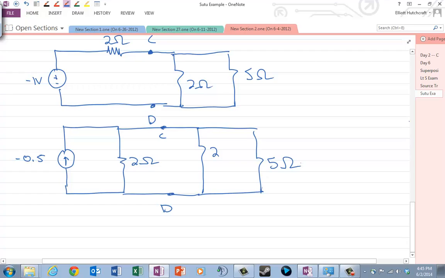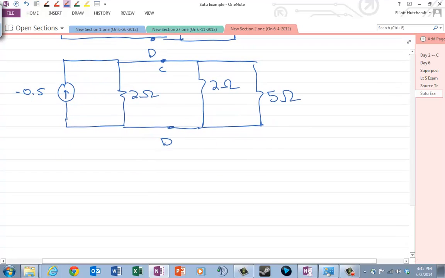And my 5 ohm. Well now, clearly the 2 ohm and the 2 ohm that are right here and right here are both in parallel. So I can go ahead and manipulate them. 2 ohms in parallel are going to be 2 times 2 over 2 plus 2, or just half of 2.